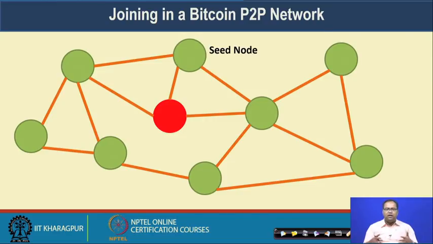Whatever information you send in the network, such as new transactions, is broadcasted. Likewise, when a mining node finds a new block, the new block is broadcasted, and you can broadcast those transactions or new block information to your peer nodes.